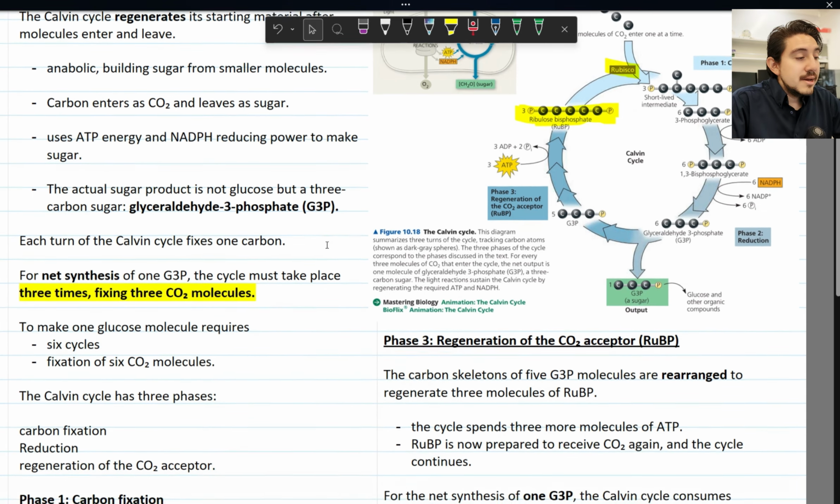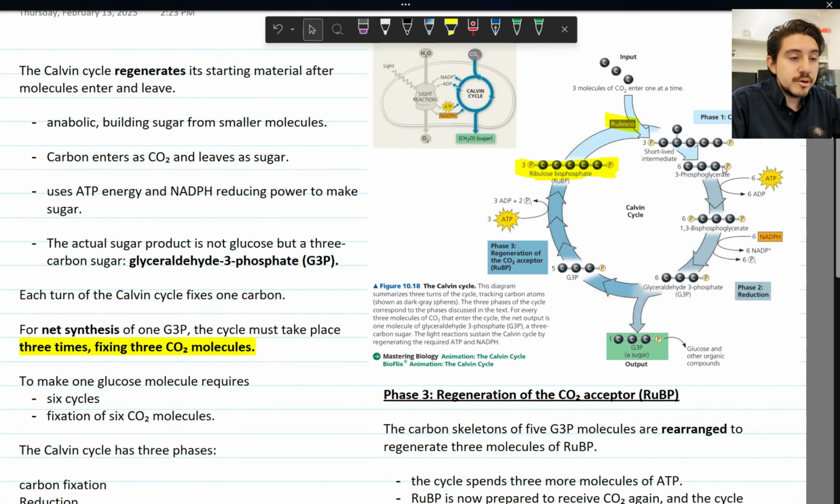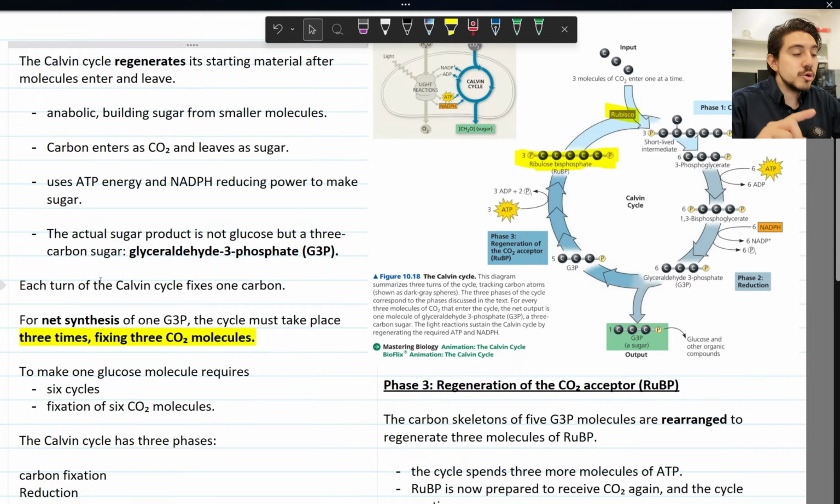Each turn, as carbon dioxide comes in, it will undergo this cycle and fix each carbon of carbon dioxide to produce this organic compound. So each turn of the Calvin cycle will fix 1 carbon.